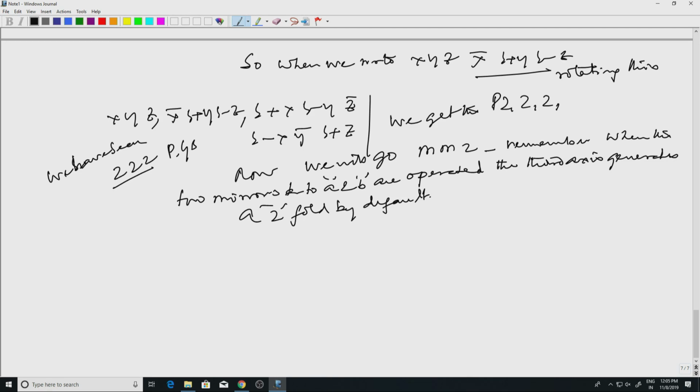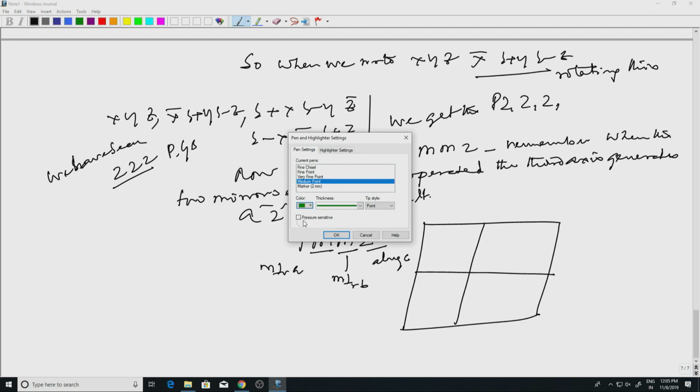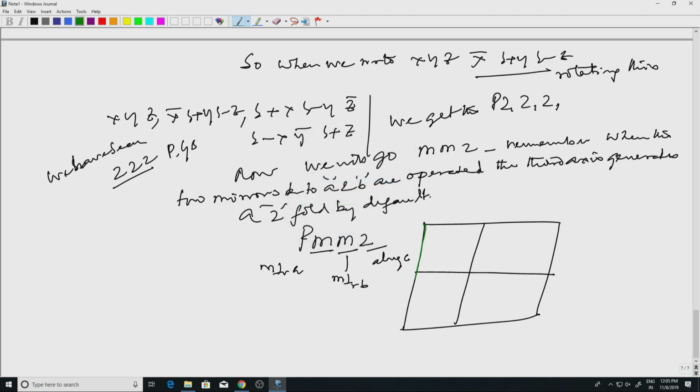Now we'll go to Pmm2. So we'll remember mirror perpendicular to A, mirror perpendicular to B, two-fold along C. So the mirror is a check line.